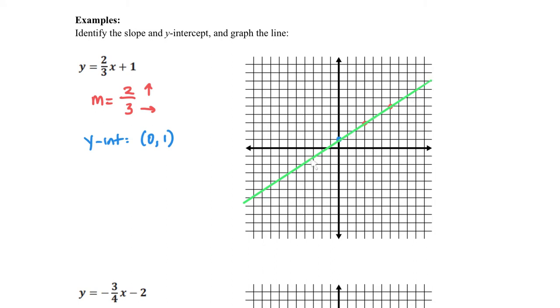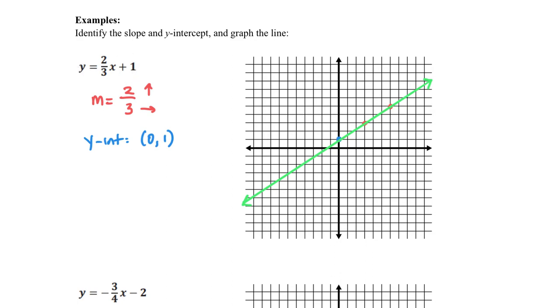Graphs go all the way across the graph paper, and they should have arrows on the ends. And that's it. That is the graph of this equation, which remember is all the solutions that make this equation true.